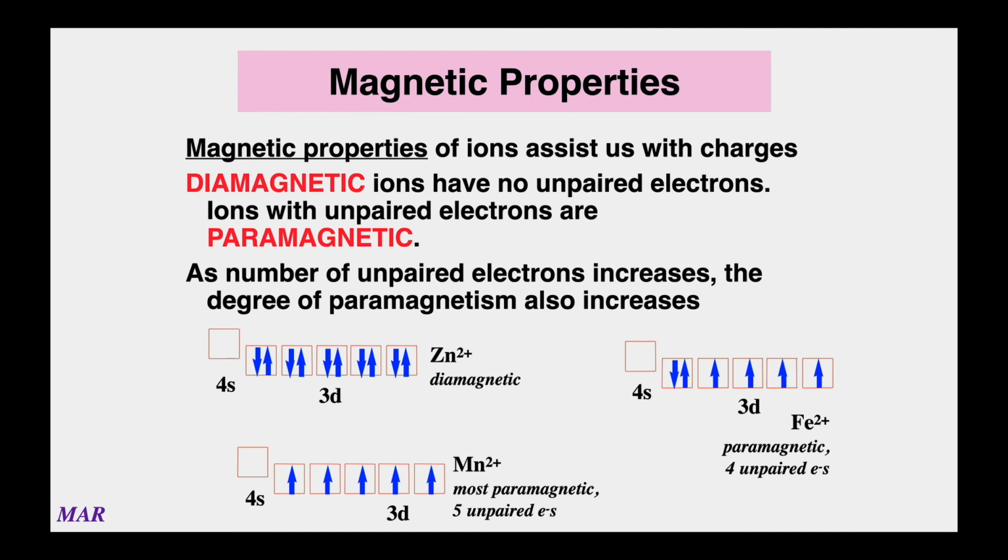Manganese 2+, you remove the 4s electrons as well, and you end up with 3d5. So if I asked which of those ions was the most paramagnetic, you would say that manganese 2+ was the most paramagnetic. Usually the more unpaired electrons you have, the more paramagnetic something is. And of course, zinc, as a diamagnetic system, wouldn't be magnetic at all. It would be the least paramagnetic, or non-magnetic, something like that.